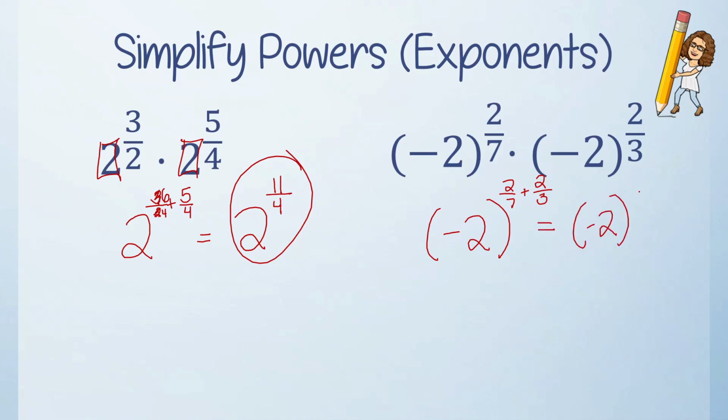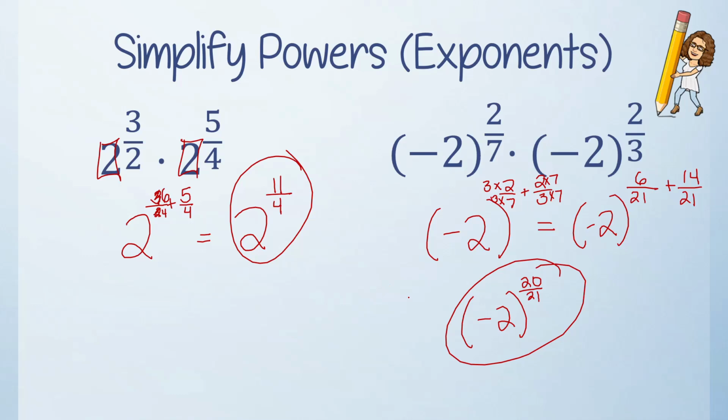So I'll have -2 to the 6/21 and 14/21, because I'm multiplying these by 3 and these by 7. Okay. I would get -2 to the 20/21.